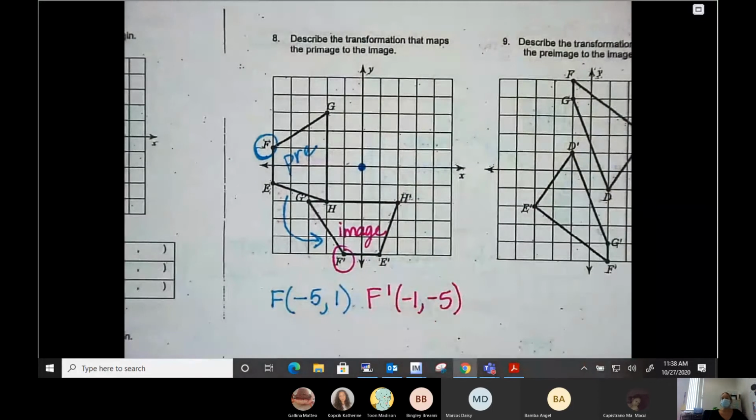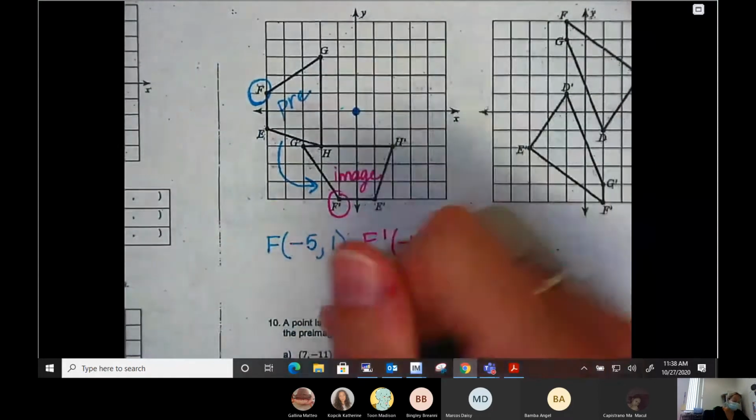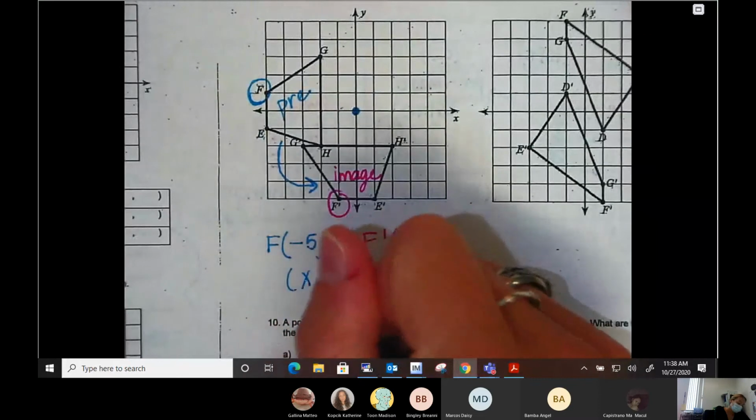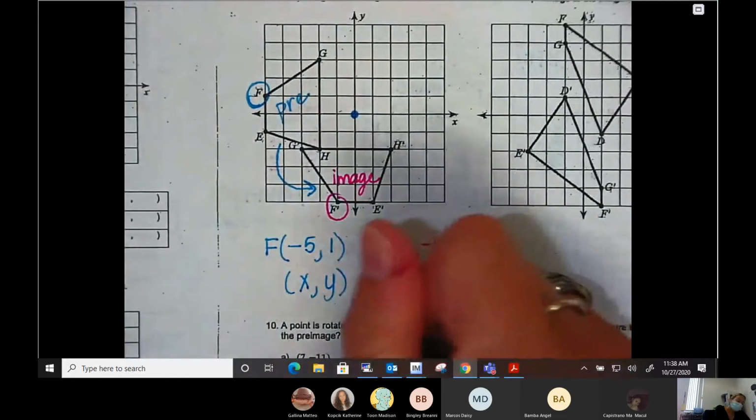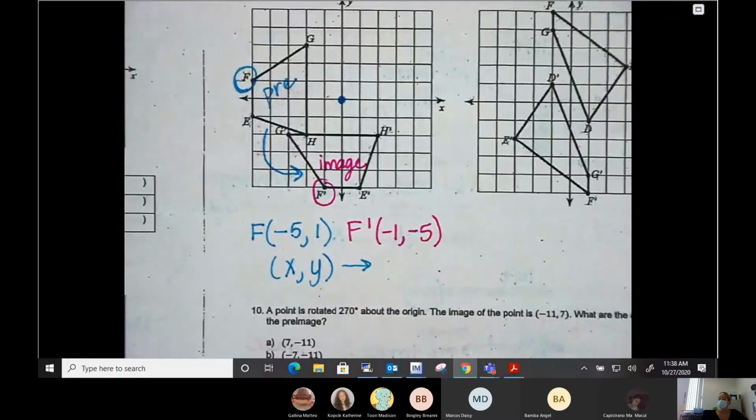Now, I'm asked to write a rule. So these are my original points. This is point X and point Y. What happened as I moved to the new point? Did they stay in the same position, or did they switch positions? They switched positions. Did they stay the same sign, or did one of them change? Yeah, the one thing. Which one? The Y changed.